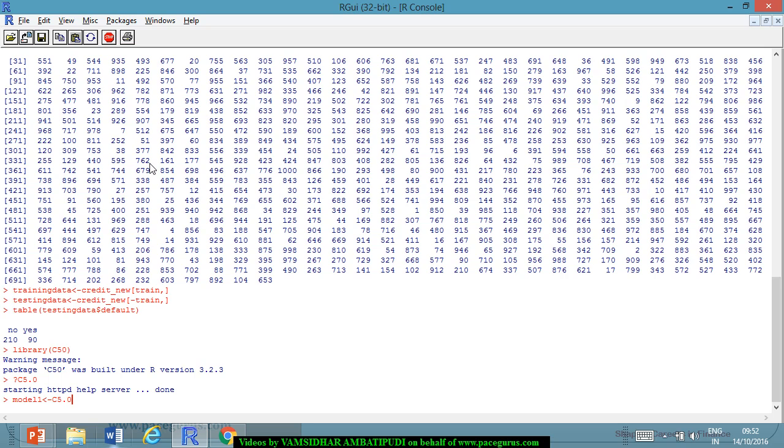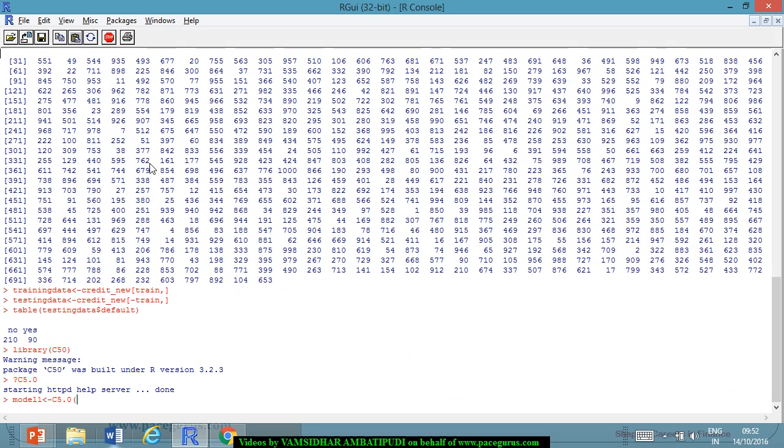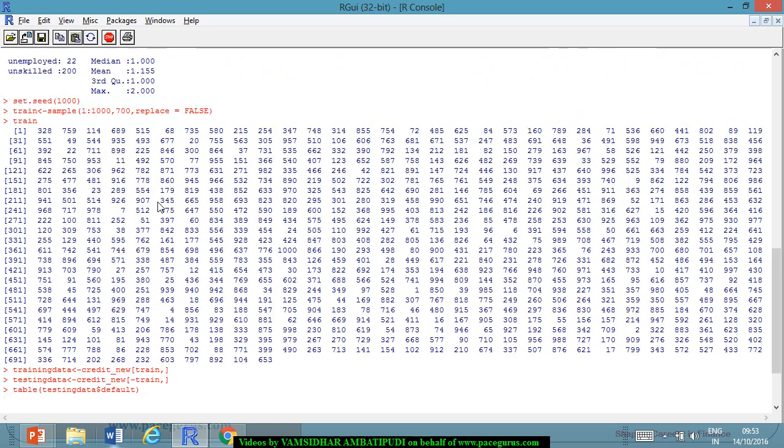C5.0 is the name of the function here. The first input I have to give to it is my training data. But remember, I should give my training data with only the predictors. It should not contain the decision variable.